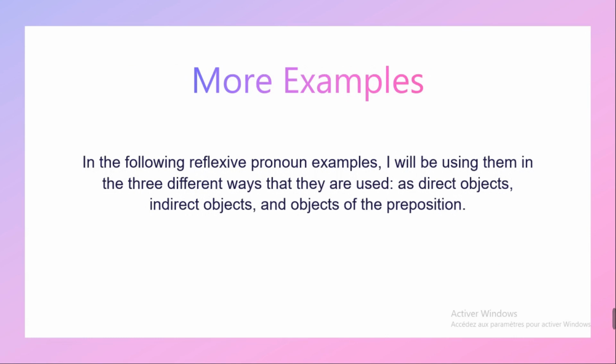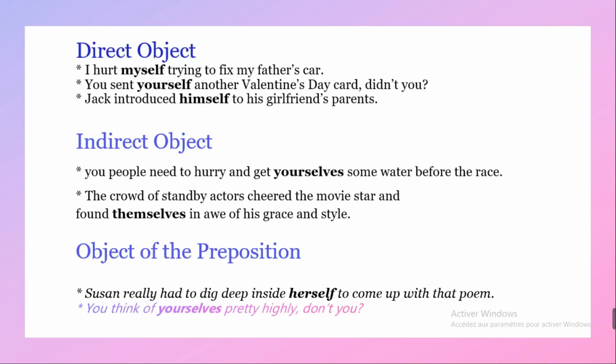To better understand, let's see more examples. In the following reflexive pronoun examples, I'll be using them in 3 different ways: as direct objects, indirect objects, and objects of the preposition. First of all, direct object.